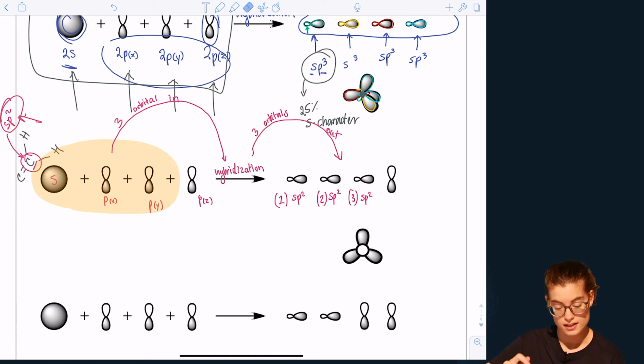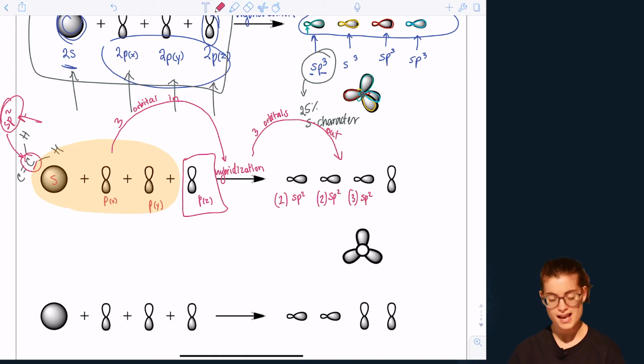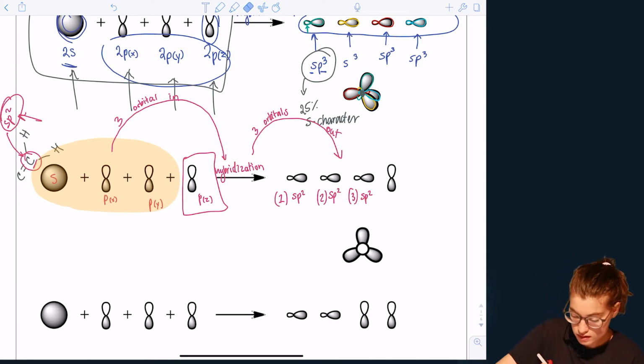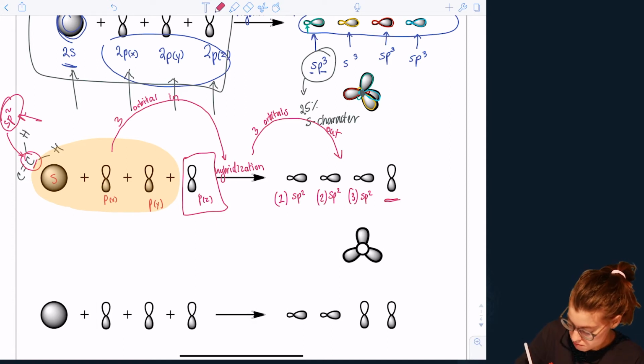Now, what's interesting is look at this pz orbital I've got over here. Did I touch that orbital at all? Did I hybridize it? Did I do anything with it? No, I didn't do anything with that p orbital. So guess what? It's still there, and it's still exactly how it was originally because I never hybridized it. So we still have that pz orbital.